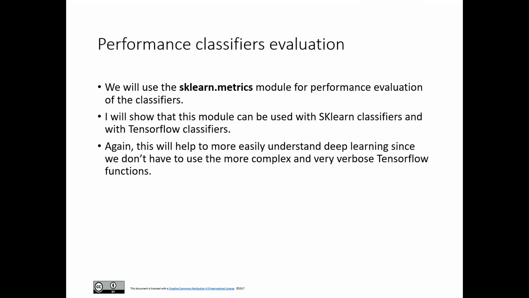So, performance classifier evaluation. You've already seen this in Weka. As we start moving into Python and doing things by scripting, we will be using a library called sklearn. Other libraries like TensorFlow also have the same thing. Initially, our first new tool for Python machine learning is sklearn.